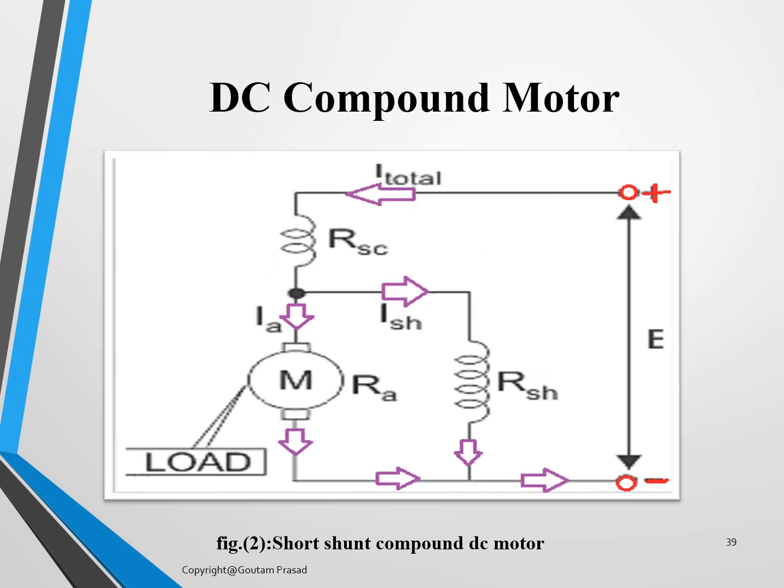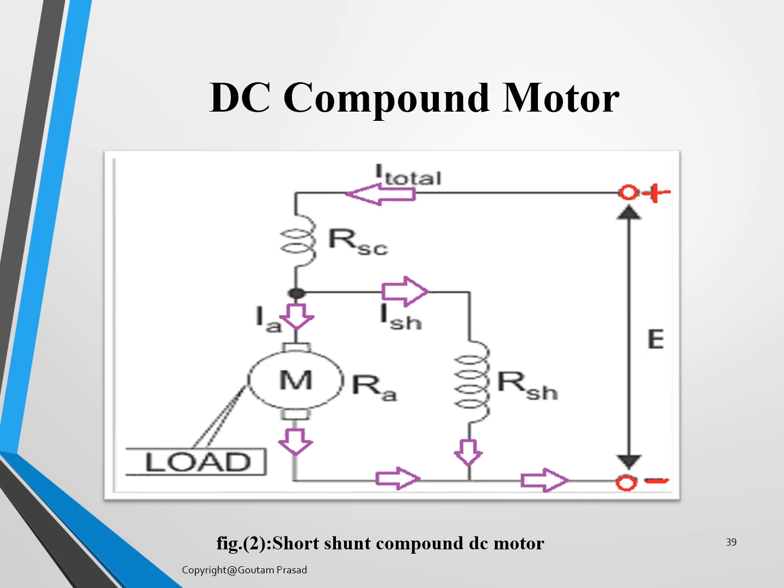Here, this is a motor that is called short shunt compound. The earlier motor was long shunt compound. The series field is not connected across the shunt field and the armature, or you can see the shunt field is not connected across the armature and series field.